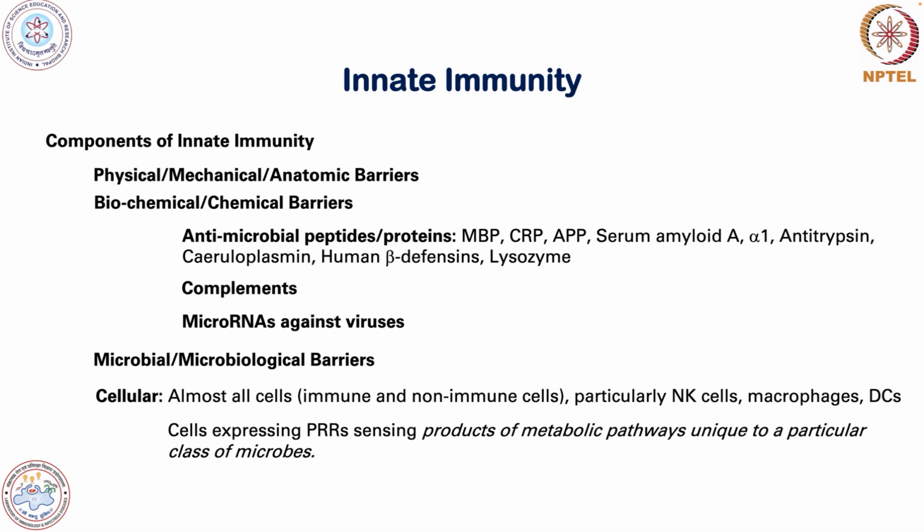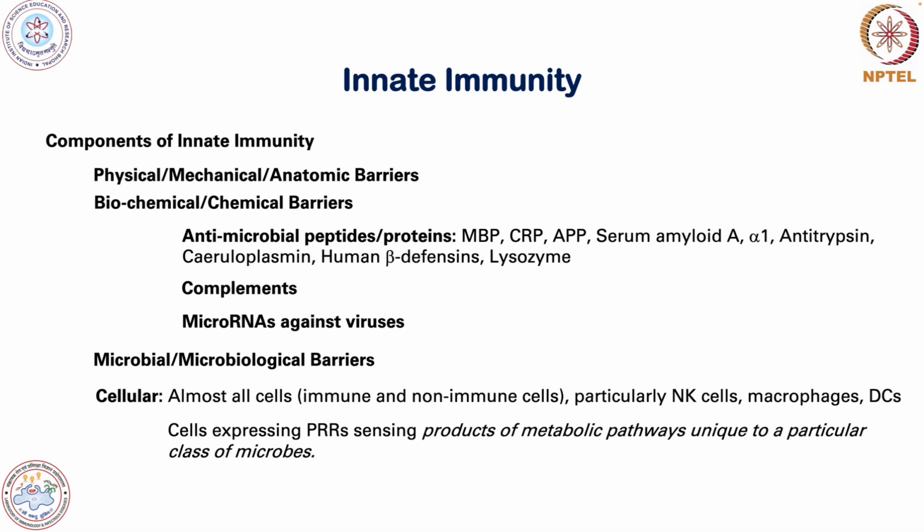This pattern recognition receptor senses the products of the metabolic pathway of the microbe, and then induces some kind of signaling, and the result of this signaling will be production of inflammatory cytokines, type 1 or type 3 interferons, and so on. We will discuss this in great detail.